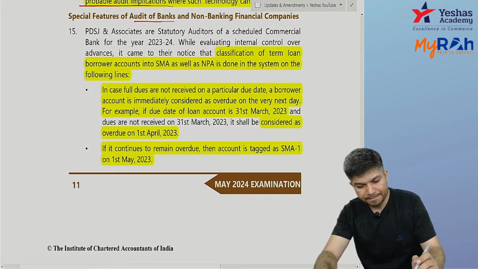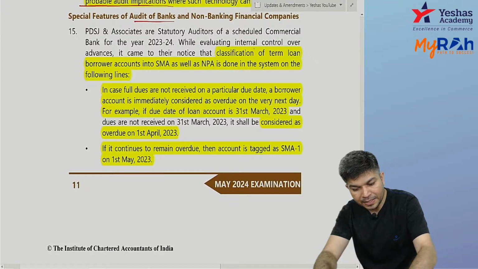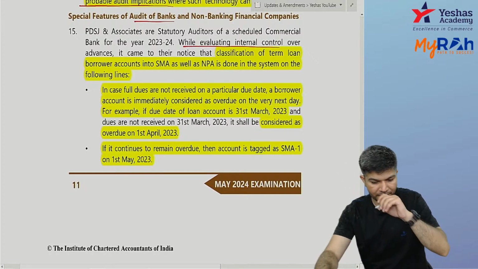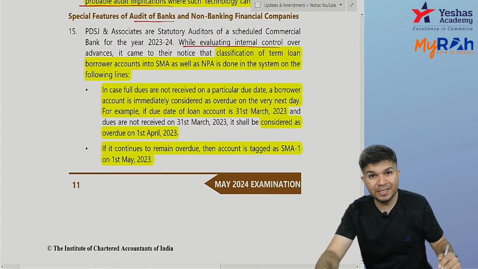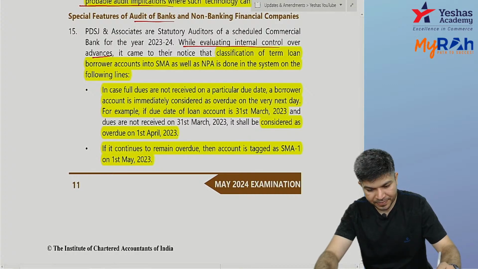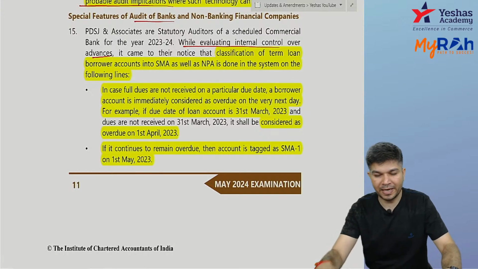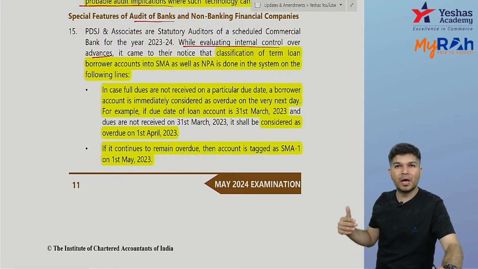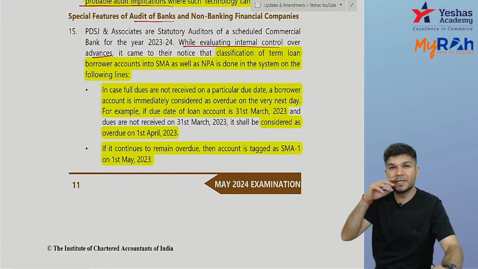Now, whenever you are evaluating internal control, it came to your notice that control over advances, the classification of term loan borrower accounts into SMA as well as NPA, is done in the system on the following lines. Now, you know SMA 1, SMA 2, and then it becomes NPA.